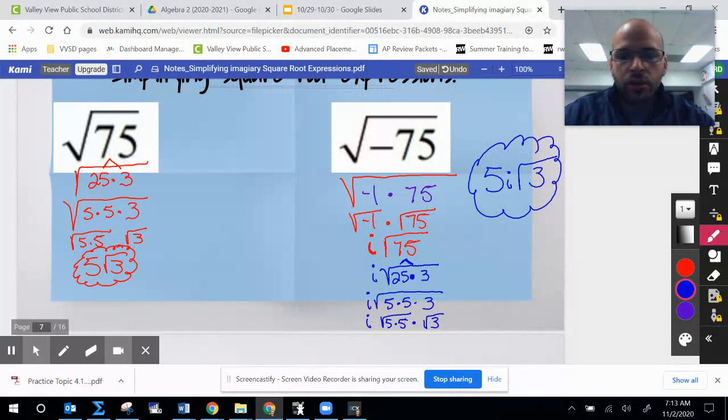So compare those 2 answers. The 2 answers are exactly the same, except the one on the right has this special symbol in it, i. And i stands for, it's a silly term, but it's called an imaginary number. You have to include that symbol in order to have full credit. So anytime we have a negative inside the radical, we will always have an i in my answer.